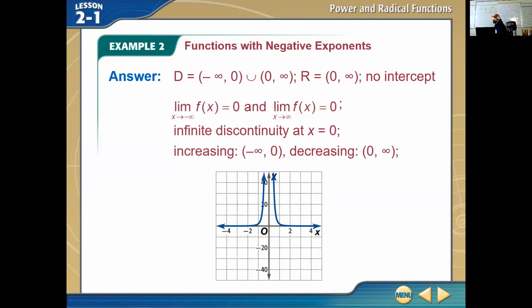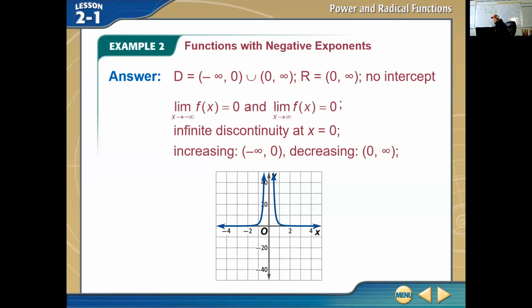These characteristics, though, are the same way that it did for a positive even function. Okay, these characteristics are going to be very, very similar every time we have a negative exponent that is even. These characteristics don't change. So I'll give you a second to write those down.